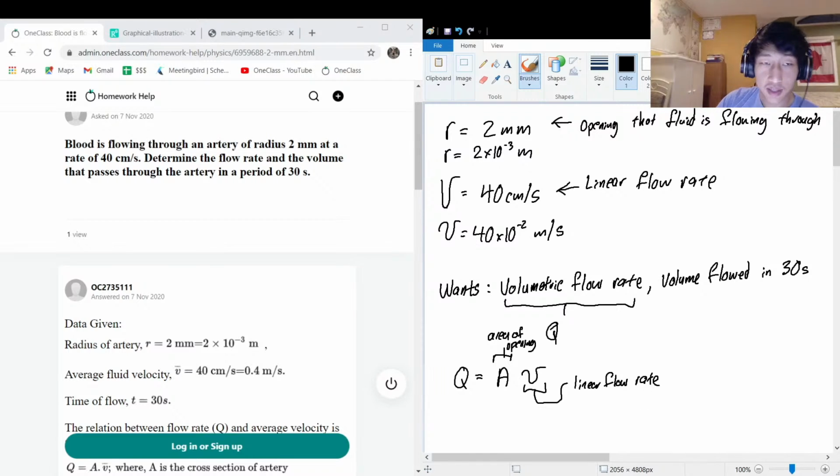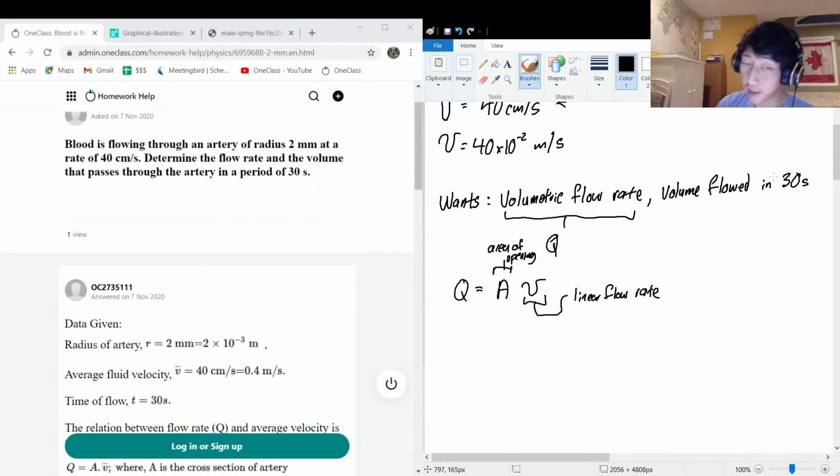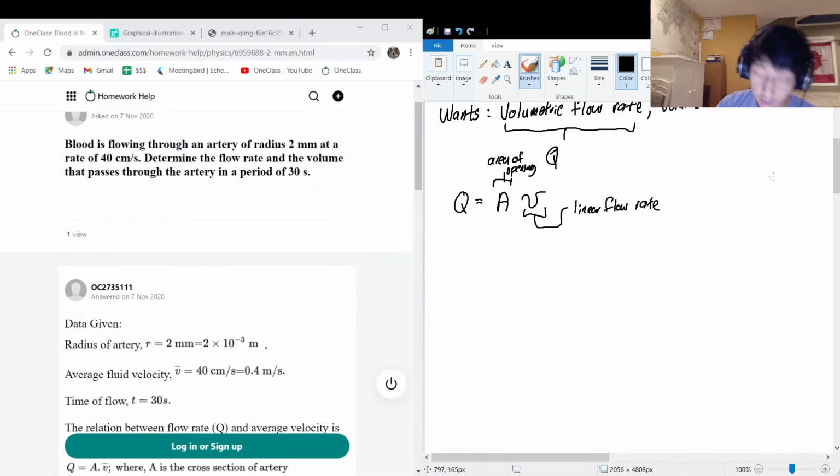Now it says it has a radius of 2 millimeters, so we can only really assume that it's perfectly circular, because otherwise it would be impossible to calculate the area without additional information. So the area of a circle is pi r squared multiplied by the linear flow rate.